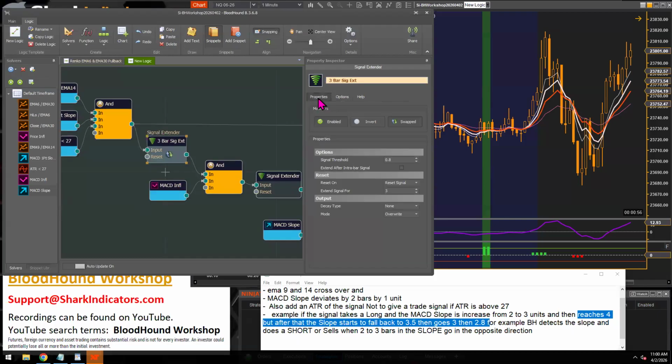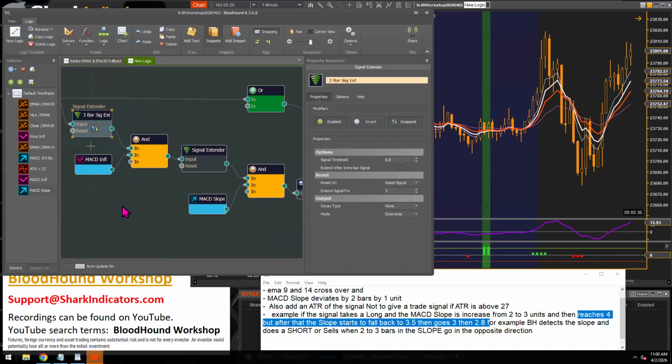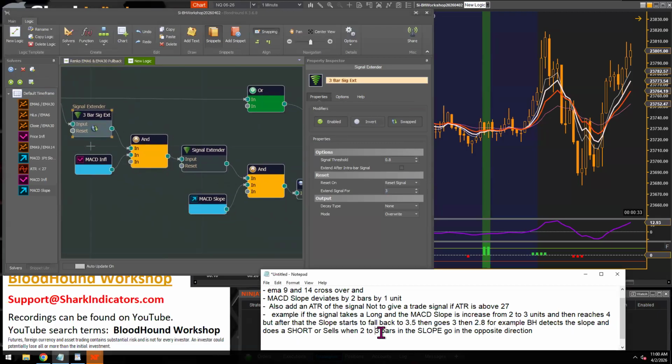Let's go back to the properties tab. So we're giving the MACD at least 3 bars here. If you want to give the MACD only 2 bars to roll over, then you just adjust the signal extender by that. And then there's this condition, which is how many bars after the MACD reverses direction.